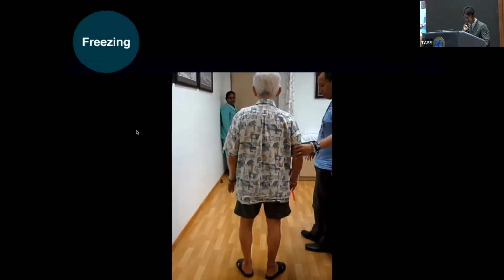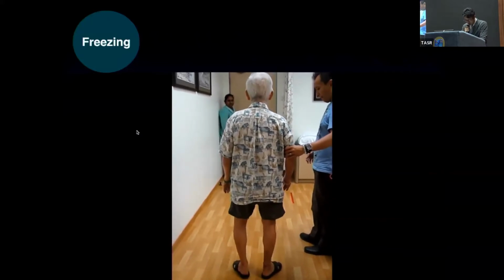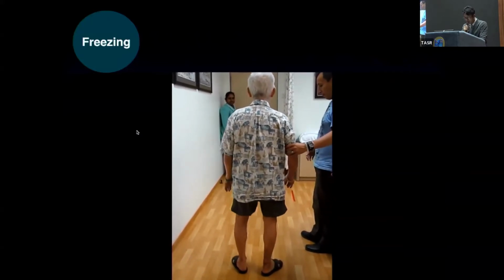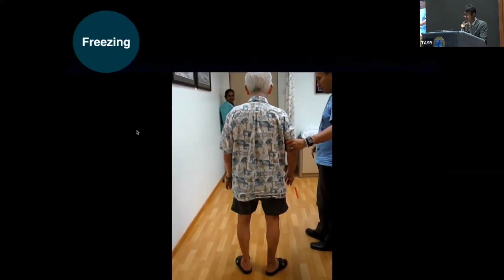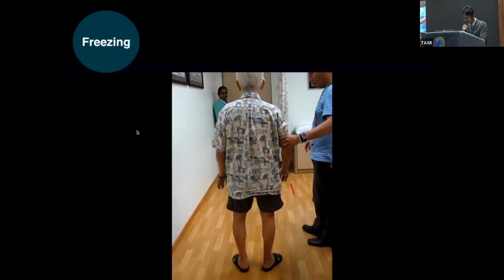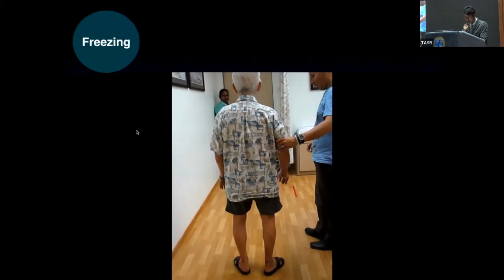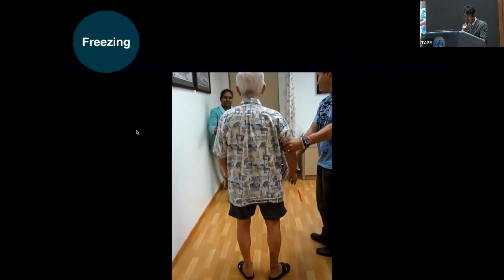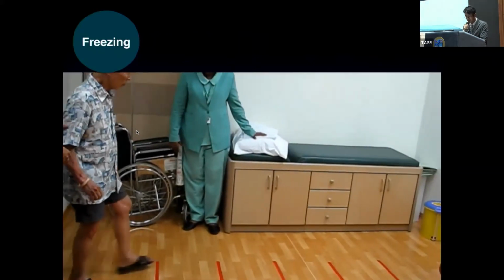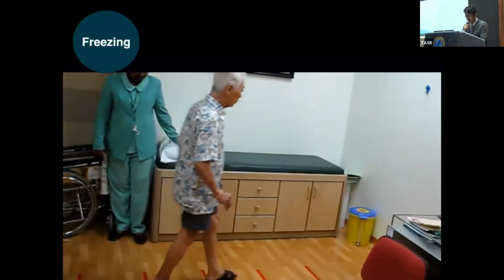Similarly, in this patient, he freezes so badly that he cannot even lift up the foot to take a step forward. But freezing of gait is amazing in the sense that with the visual cue, you can see how amazingly he walks now.